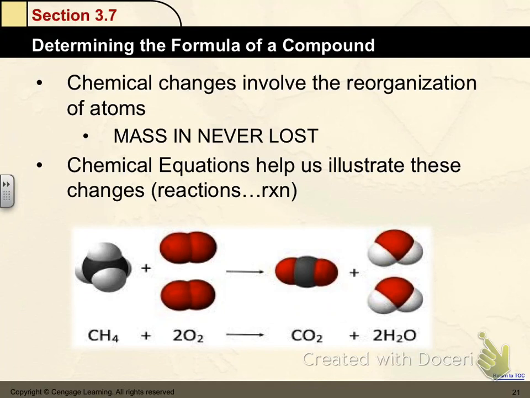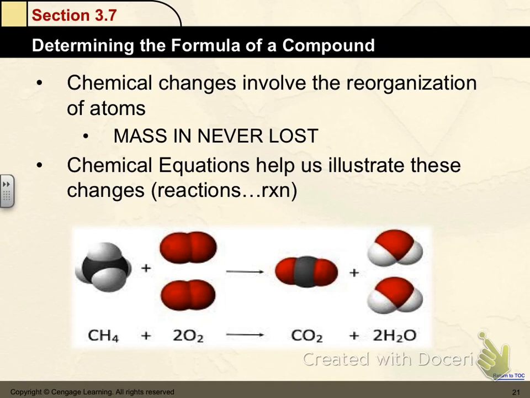Well, in this case, the CH4 bonds with those two oxygen molecules to produce two products, one being carbon dioxide and the other one being water. And you'll notice that there's actually two water molecules. And if you were diligent and you tried to count each one of these spheres located on the board, you'd notice that they equal out.